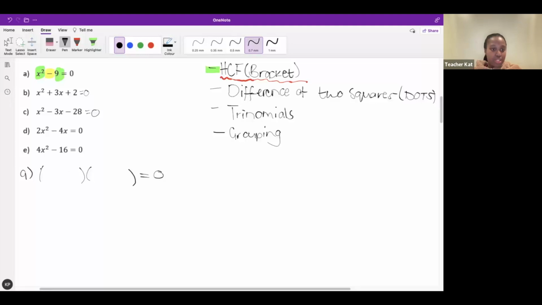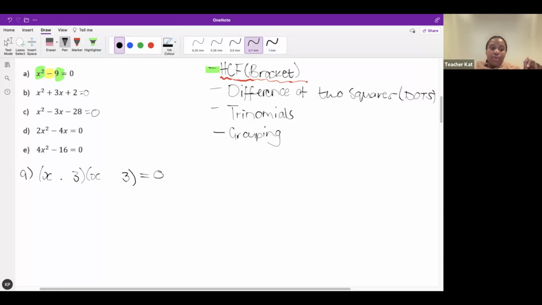X and x. Great, Linamta. X and x. And what are my two factors that are going to give me a 9? Which two factors are we going to use to get 9 in this case? Remember, 9 is also squared. Nicely, a 3 and a 3.